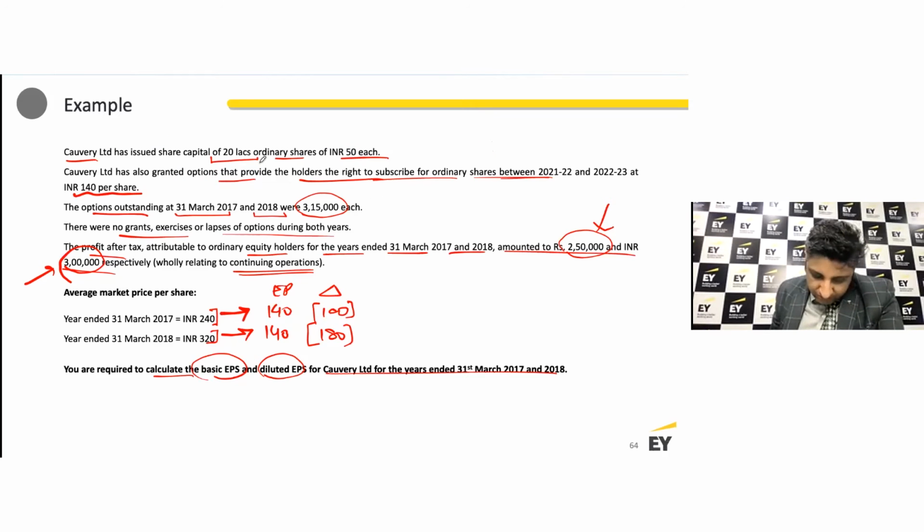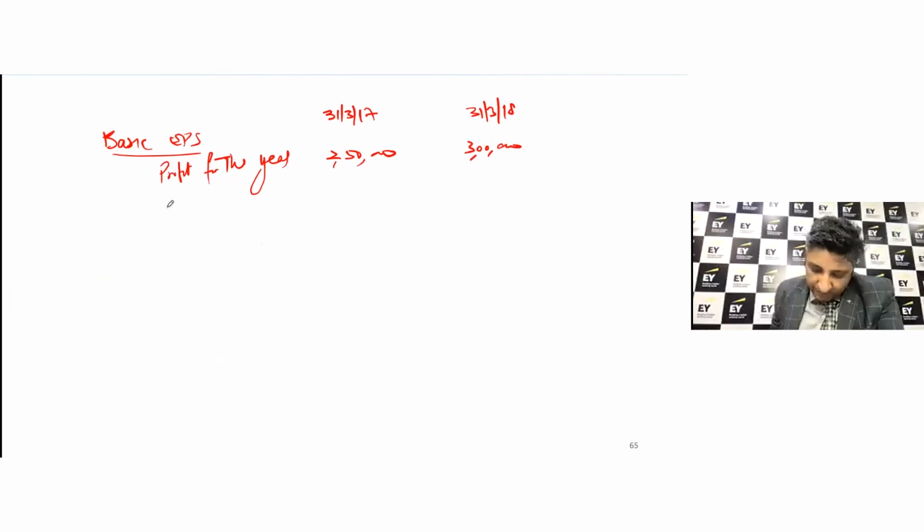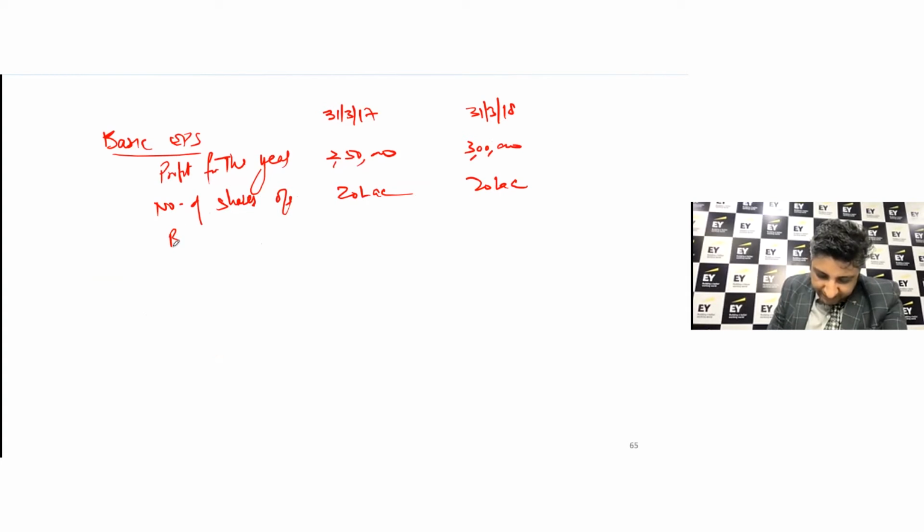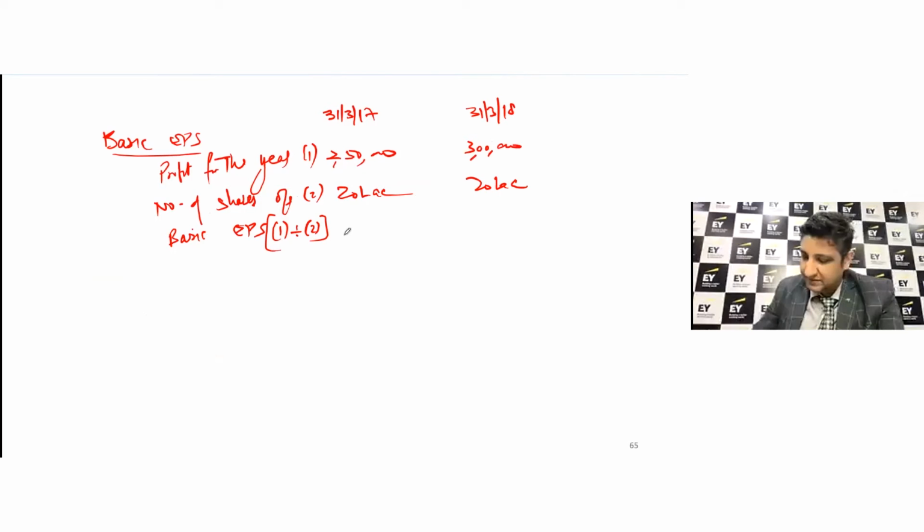We're also given that the number of shares outstanding is 20 lakh. Very comfortably, the basic EPS can be calculated simply as 1 divided by 2. So this is 2,50,000 divided by 20 lakh, that gives us 0.125.